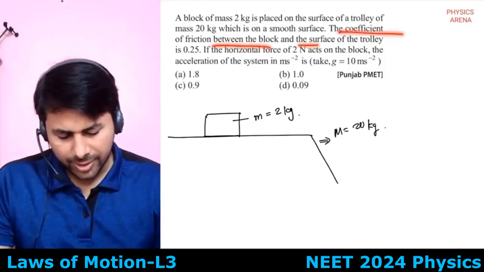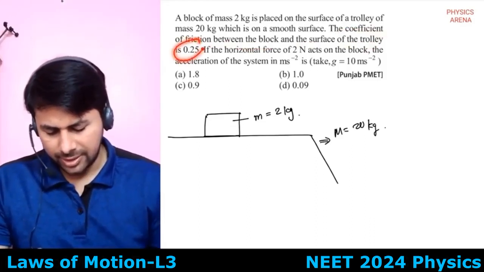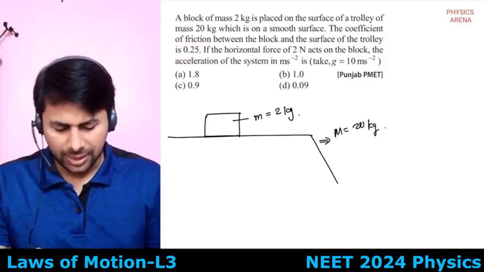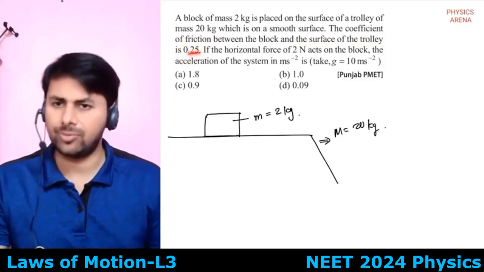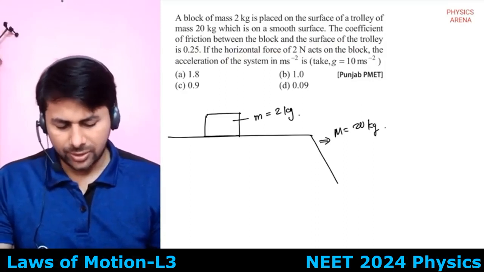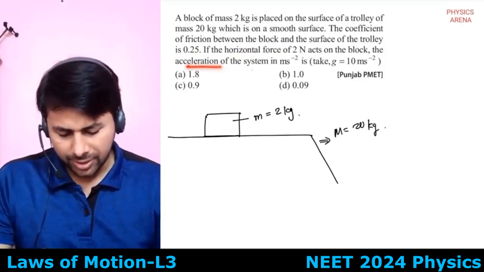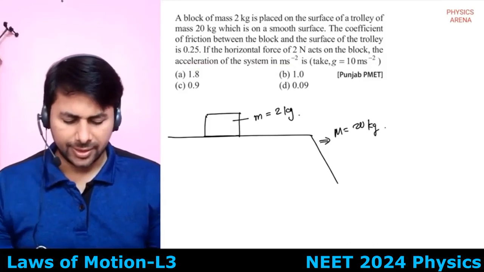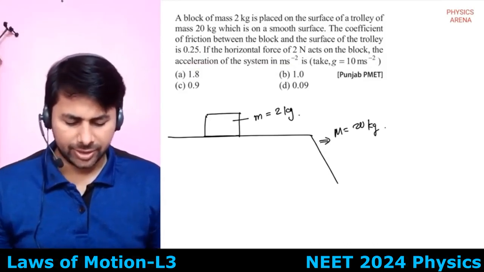The coefficient of friction between the block and the surface of the trolley is 0.25. If a horizontal force of 2 Newton acts on the block, the acceleration of the system is the question.